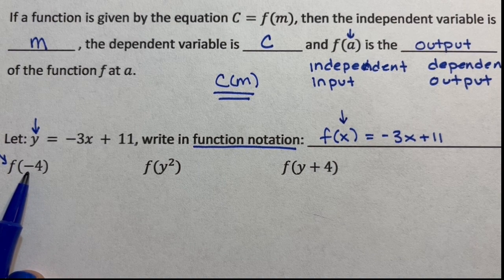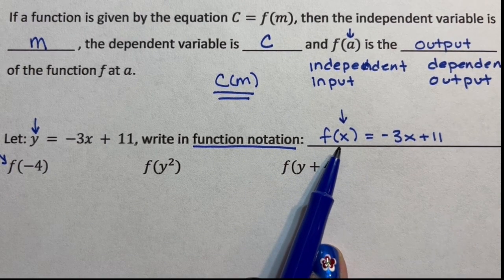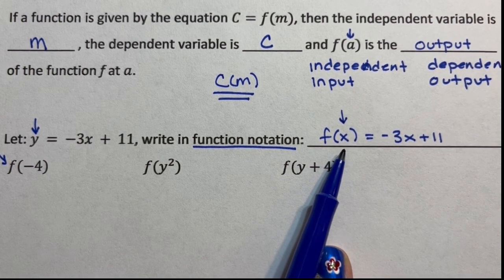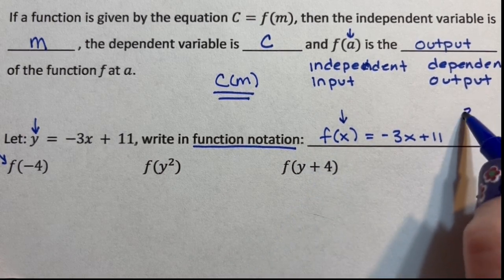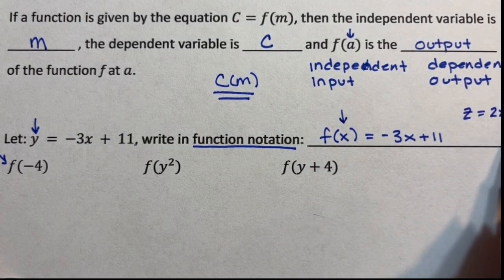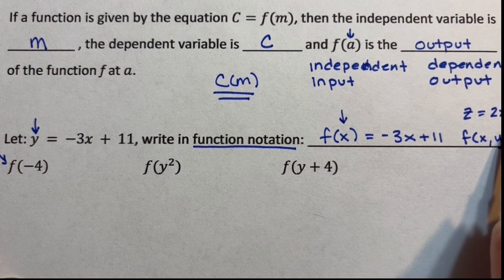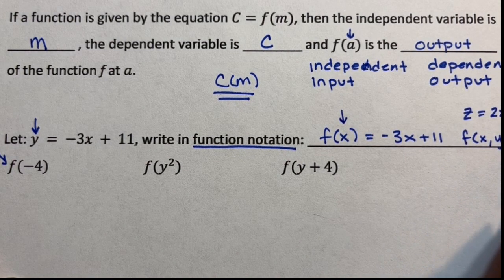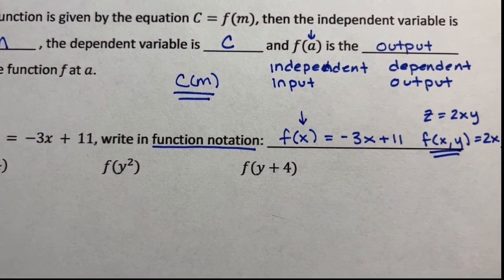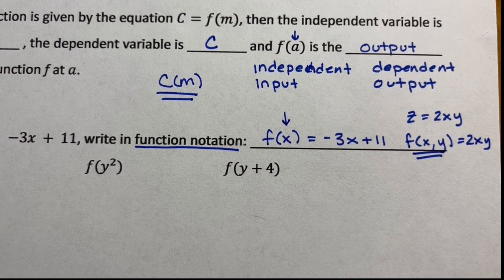And if you're in a class where instead of one input, you have 2 or 3, so there's an x, a y, so maybe you have something like z equals 2xy, I would have f of x,y equals 2xy. You can actually stack them up in this type of situation. And it's pretty expandable, which is fantastic.